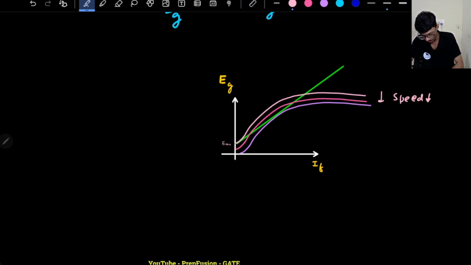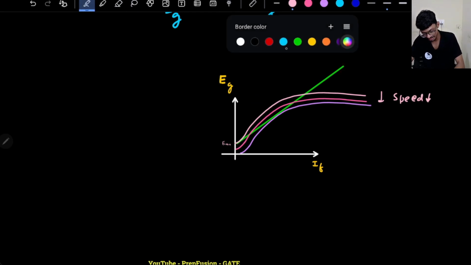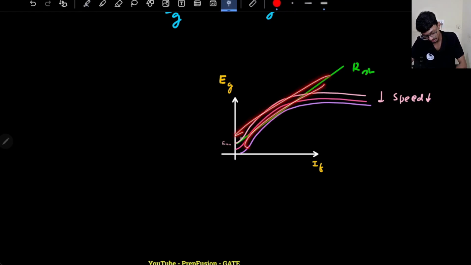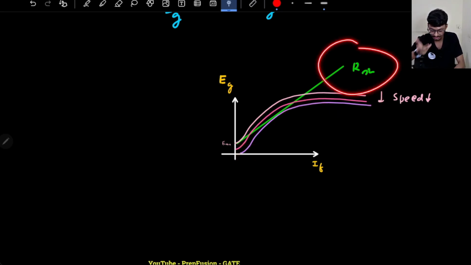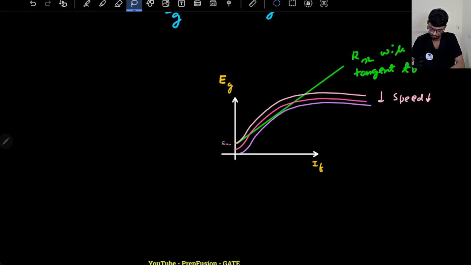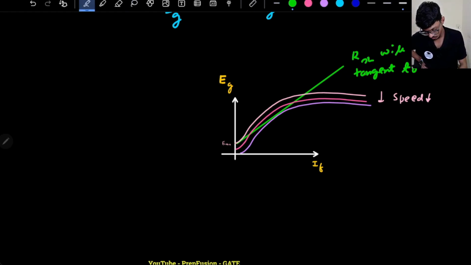So there will come a certain point where, although I am not varying the resistance, and initially for a certain speed the RSH was not tangent, it was totally fine, there was voltage buildup happening, but as I am reducing the speed, the graph will go down, and at a certain point automatically the RSH will become tangent to the EG graph.